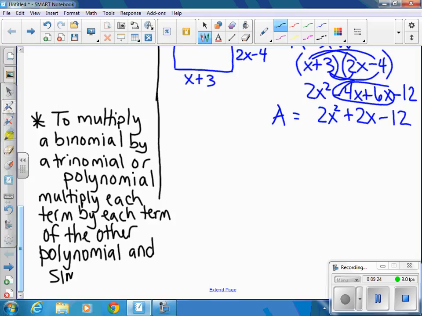These are much longer answers because the polynomial that you're dealing with is going to be much longer. All right, so I'm only going to show you a couple of these just because of the length of them and because you only have to be familiar with a couple of them.